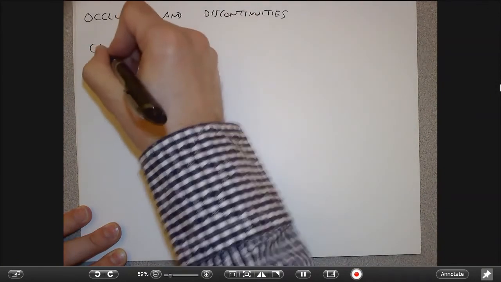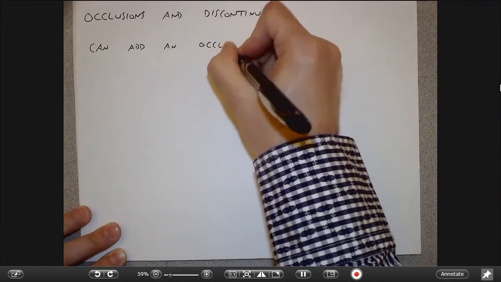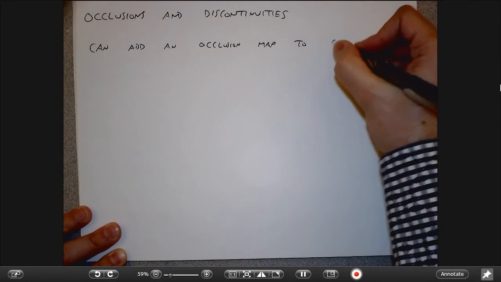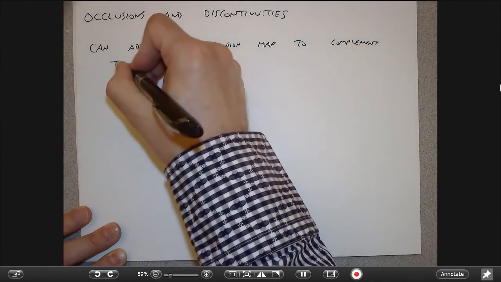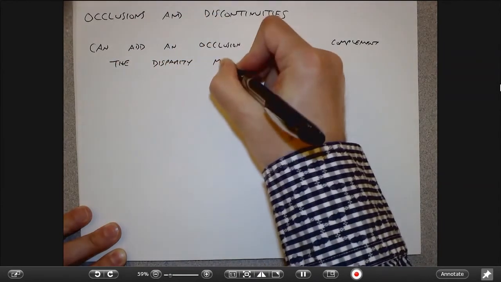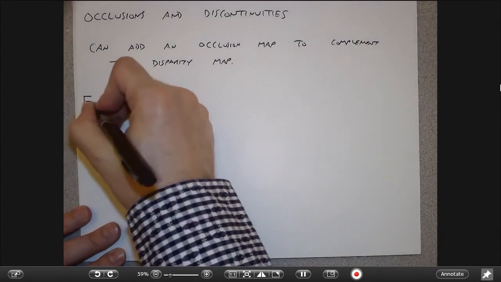What I could do is add an occlusion map to complement the disparity map. What I mean by that is that now I have a labeling that looks like this.